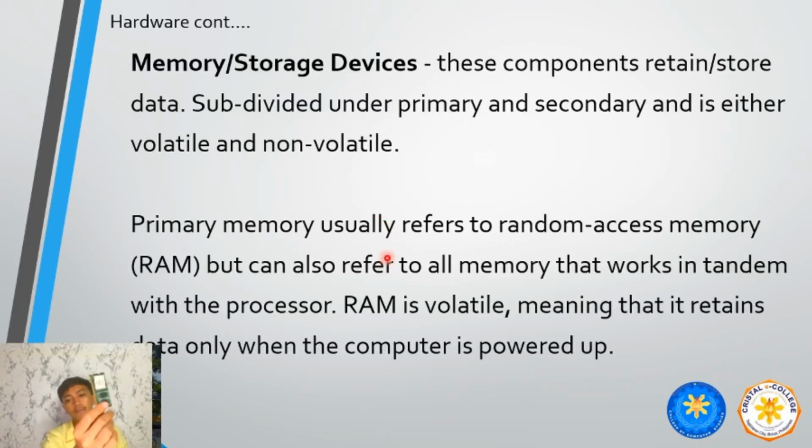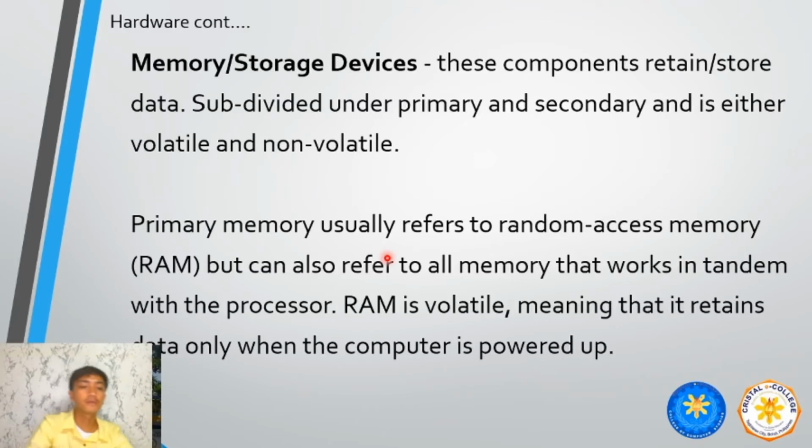So this is an example of a RAM. This is a RAM of a laptop. Desktop computers usually have taller RAM. However, this is a 4 gigabyte type of RAM, commonly used for a laptop.